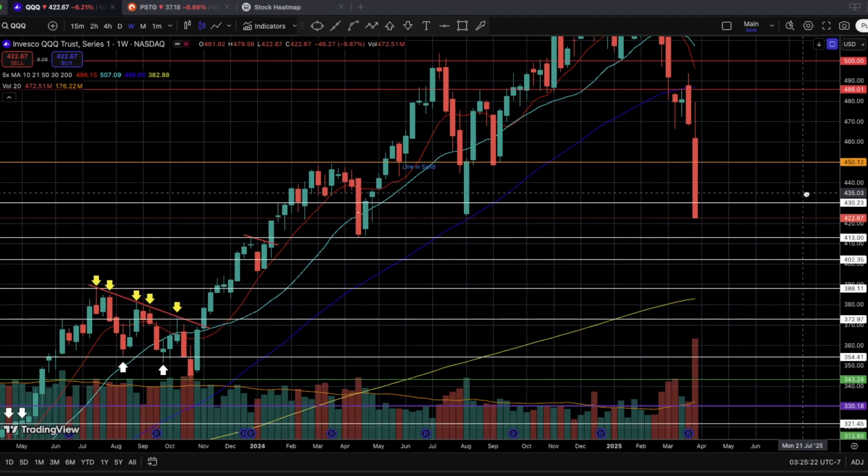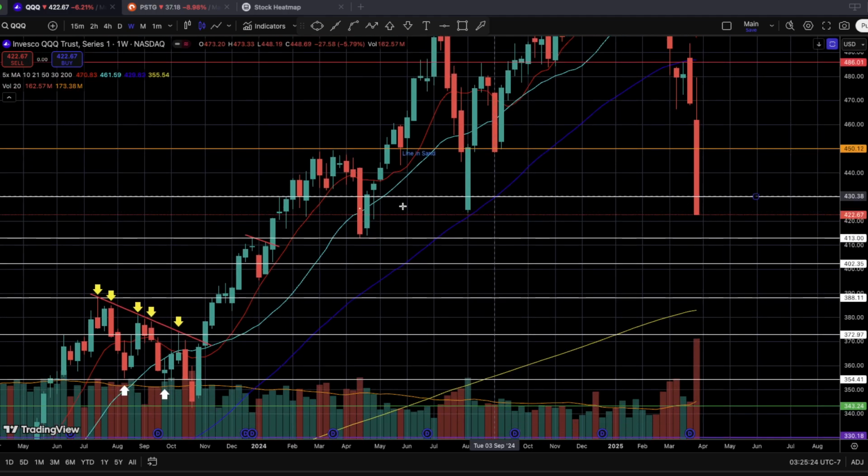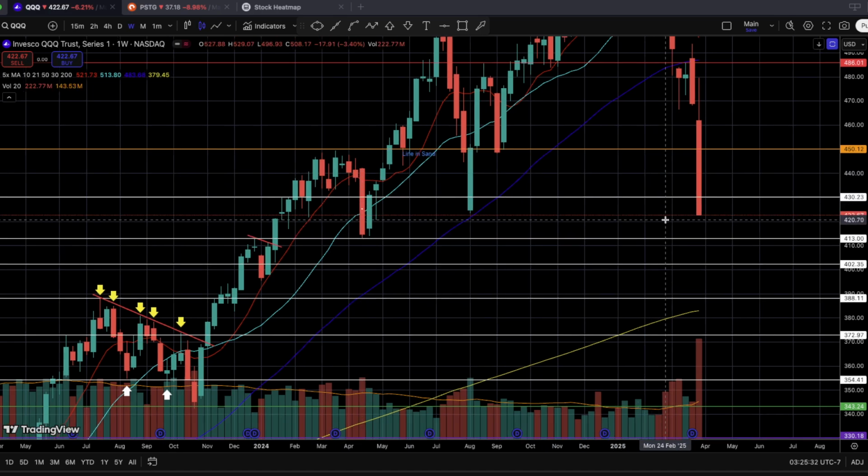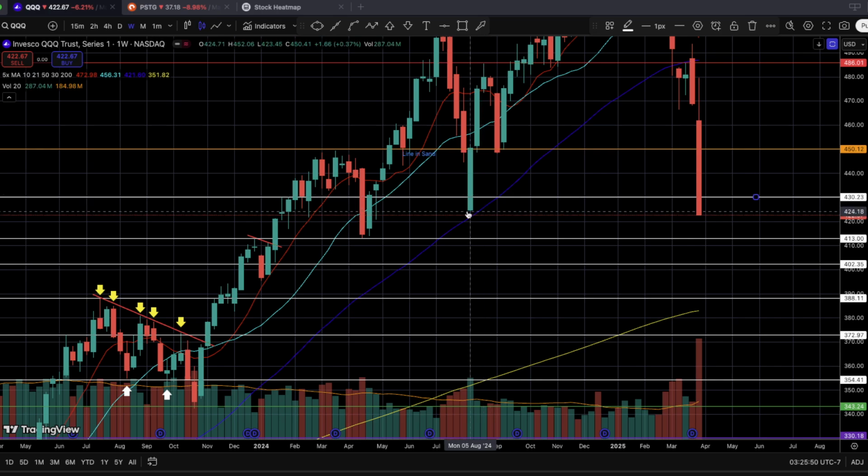So now I wouldn't be surprised if we decide to revisit April's lows of last year, when we had that very quick correctional move to the downside, and that will be around 413. This is pretty interesting, because if we do hold 413, then we have this wide demand area from 413 to around 430-ish, slightly above the August lows.